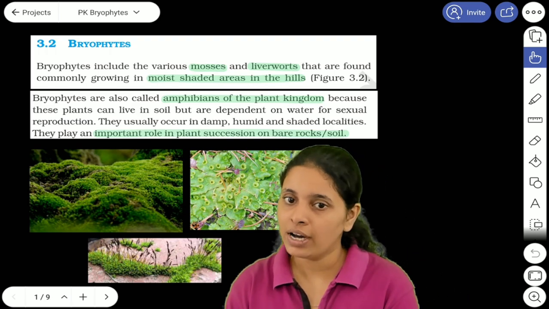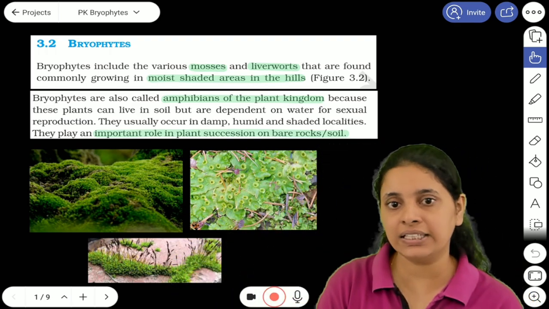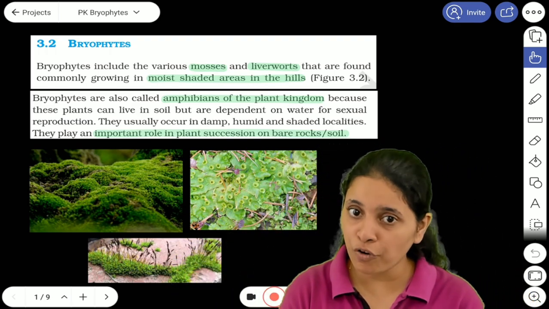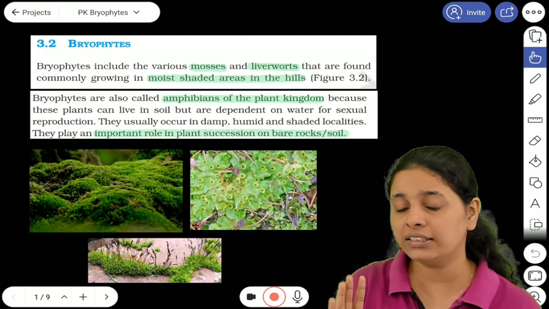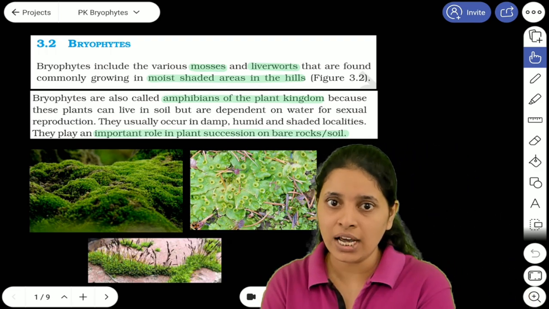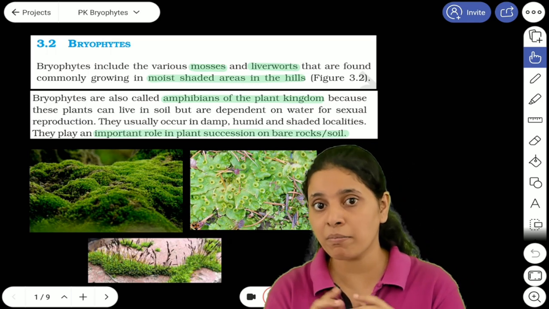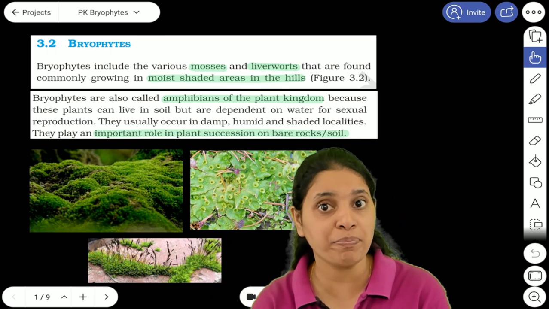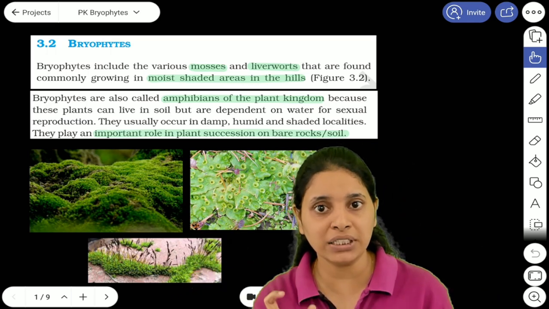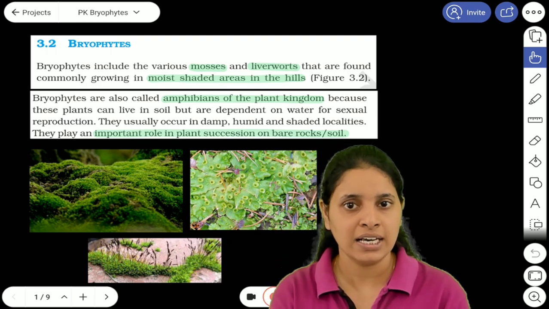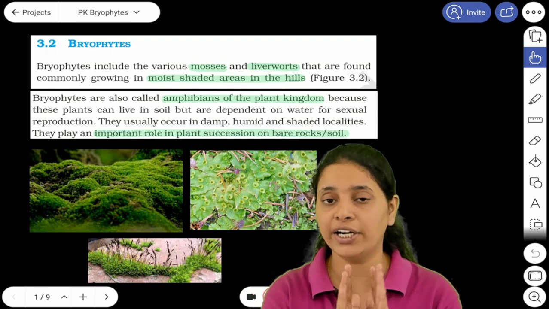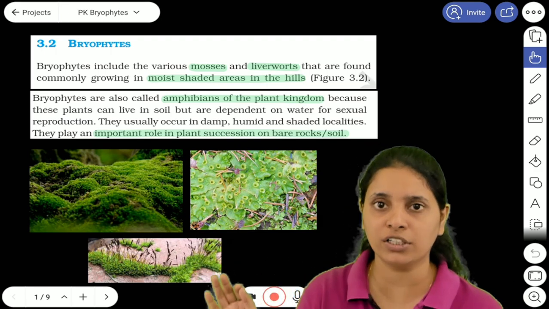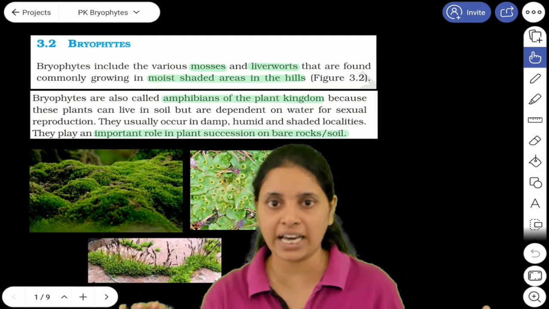In these photos you can see some of the common bryophytes, and the common thing you can see is they grow like a mat. When we studied the classification of plants, we mentioned that bryophytes have a little differentiated plant body, but they do not have vascular tissues, no xylem and phloem.